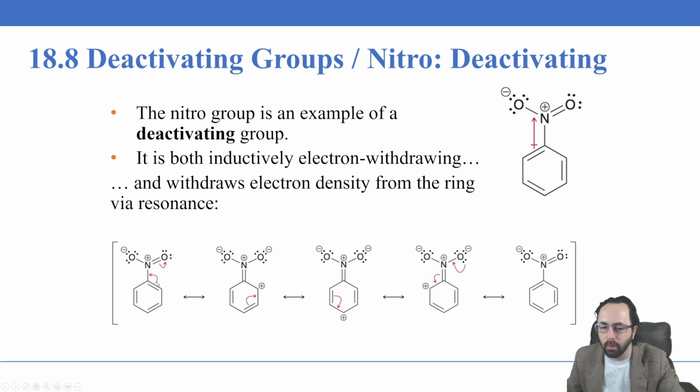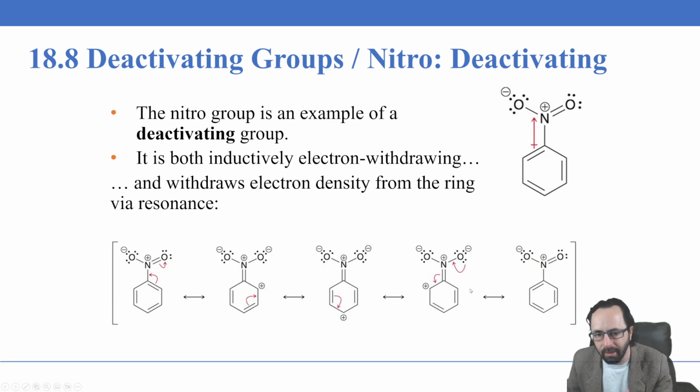And now we can see the result is that this carbon is making 3 bonds with no lone pairs, so it has a positive formal charge, and we have resonance all the way around the ring here. What we can see is that this whole situation is withdrawing electron density from the ring and putting it on these highly electronegative oxygens, thus making the ring less negative and thus a worse nucleophile, because the best nucleophiles are negative, right?